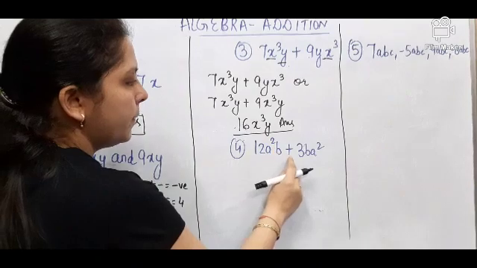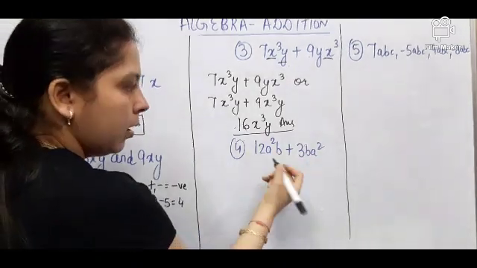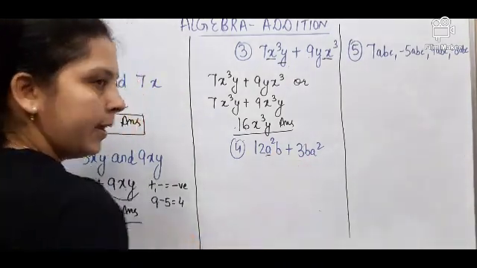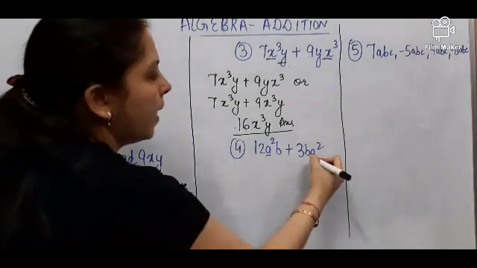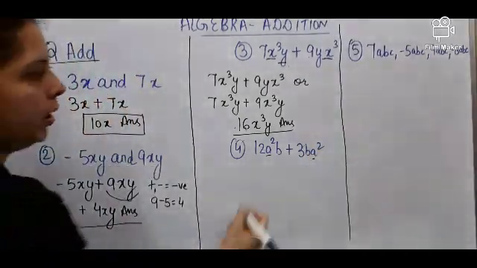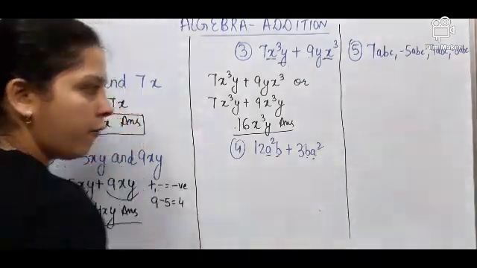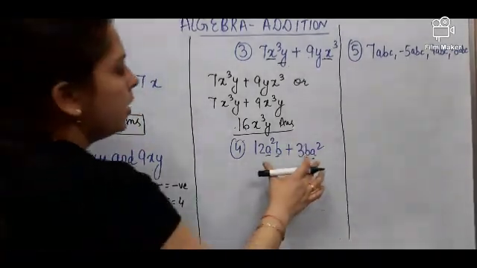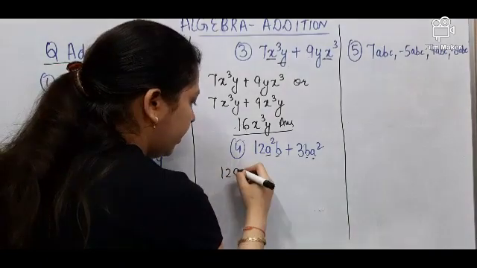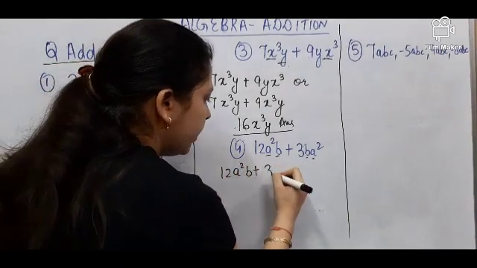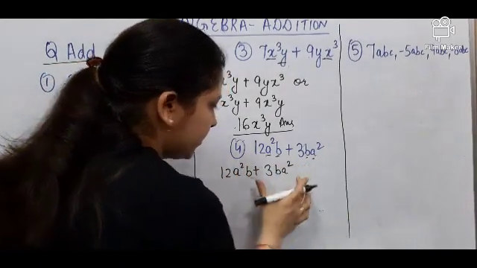12a square b plus 3ab square. Here the power of a is 2 and here the power of a is 2. And here the power of b is 1 and here the power of b is 1. Again, we can interchange their position, or we can keep them the same.